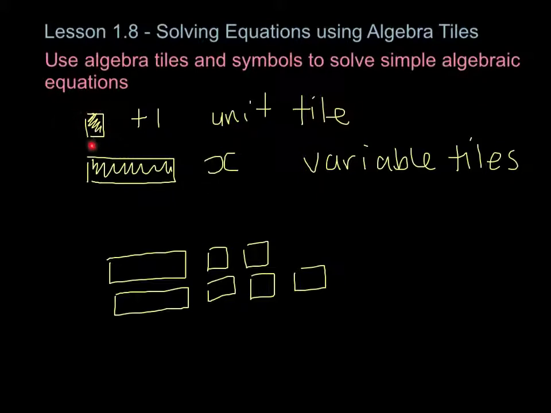And each smaller square tile represents positive 1, or 1. So looking at this, what expression does this represent? We see that we have two x tiles, or two variable tiles, and then we have 5 individual unit tiles. So this model represents the expression 2x plus 5.